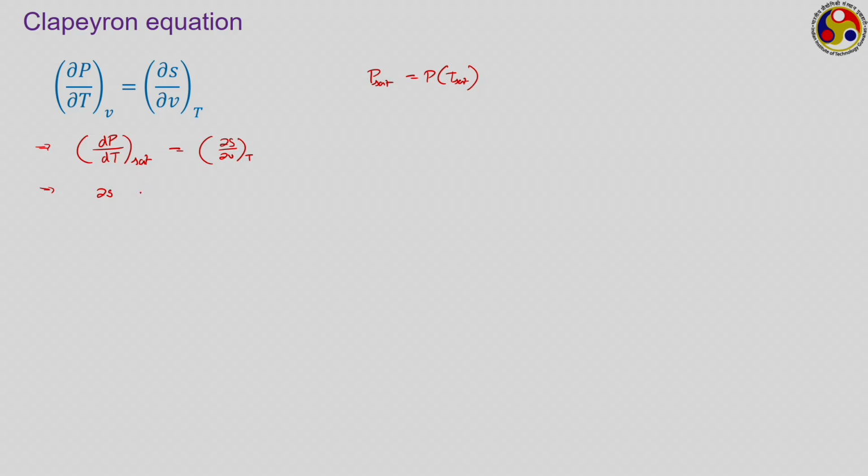or if we separate them out, that is dou S becomes equal to dp dt saturation into dou V. Integrating this, say from state point 1 to 2, where state point 1 indicates the starting point of the phase change, where we have only the first phase available, and point 2 refers to exactly the finishing point of the phase change, where we have the second phase available.